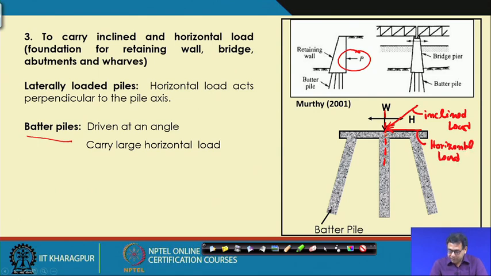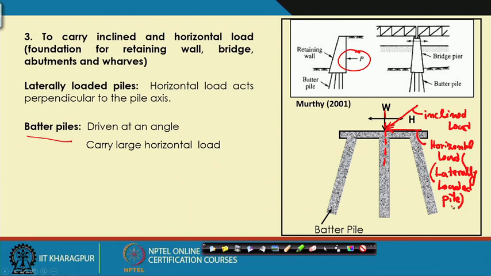So, if the horizontal load is perfectly perpendicular to the pile axis, then this type of pile is called the laterally loaded pile.